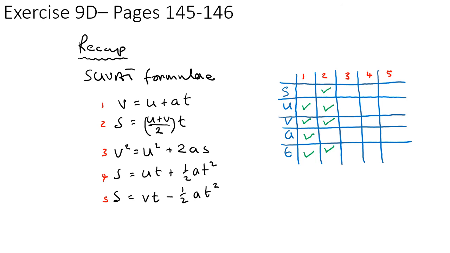The third one is the only SUVAT that doesn't have T, so that has those 4. The next one, equation number 4, doesn't have V in it. And then the last one doesn't have U. So you can see this basically covers all the different combinations that are required to answer a question where we're dealing with constant acceleration.